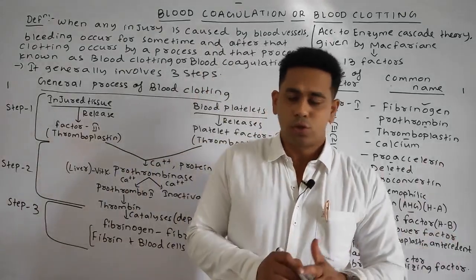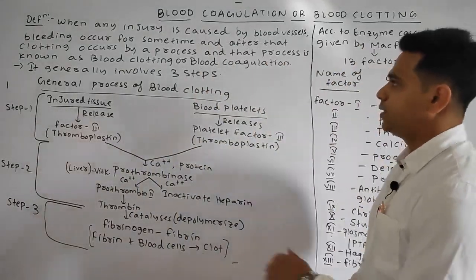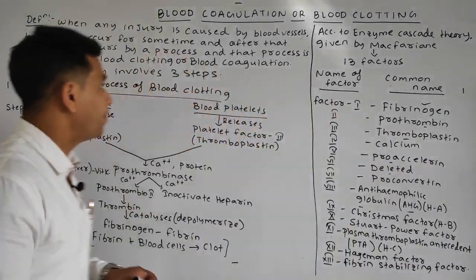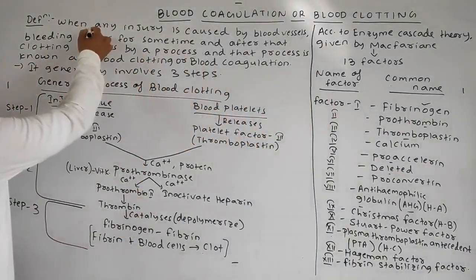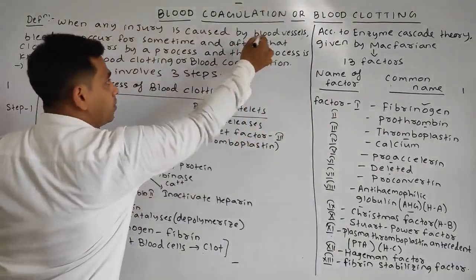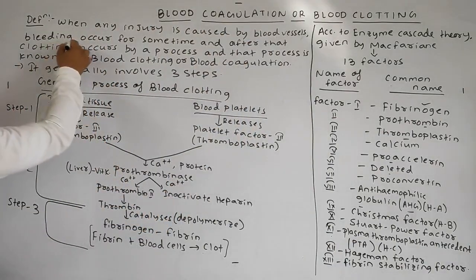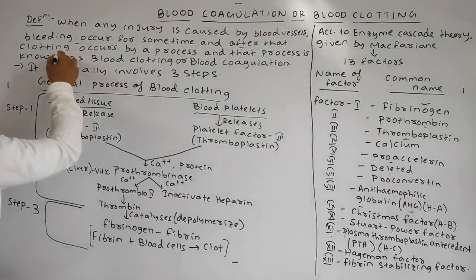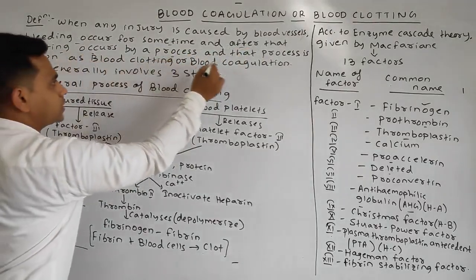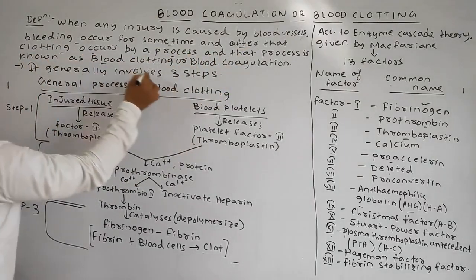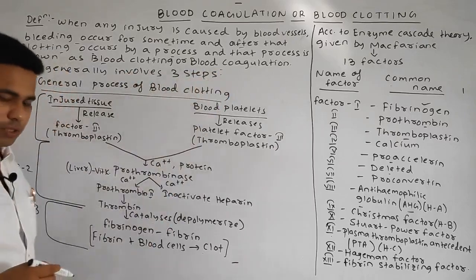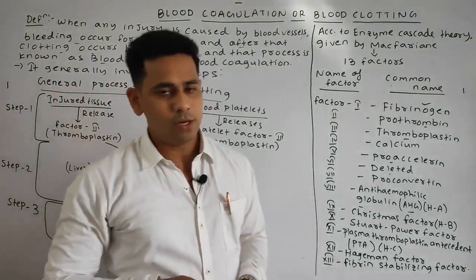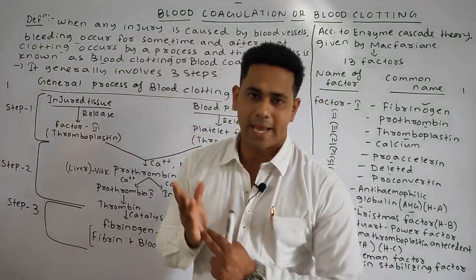So what we have read now, I am telling you once more. When any injury is caused to the blood vessels, bleeding occurs for some time, and after that clotting occurs by a process known as blood clotting or blood coagulation. Suppose a cut arises.